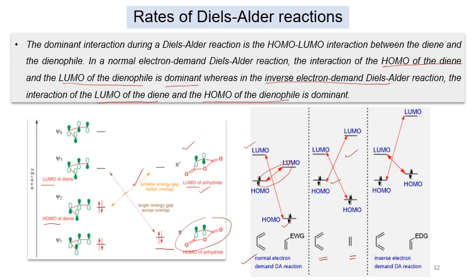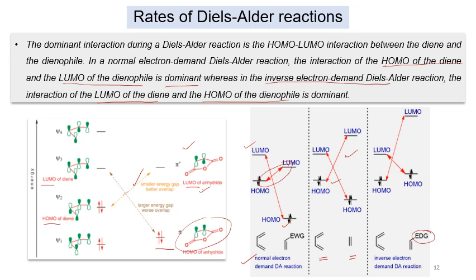In an inverse electron demand Diels Alder reaction, the HOMO of the dienophile is raised because you have now an electron donating group on it.